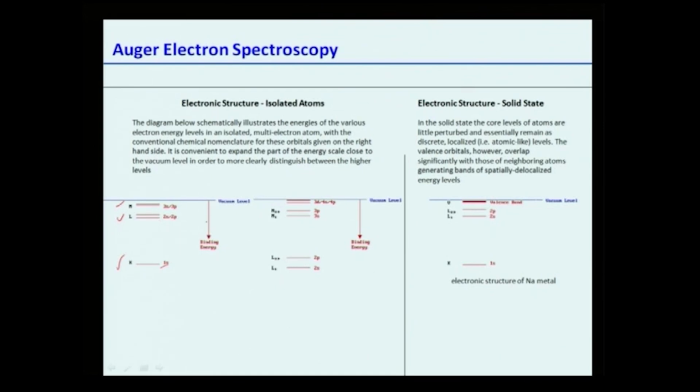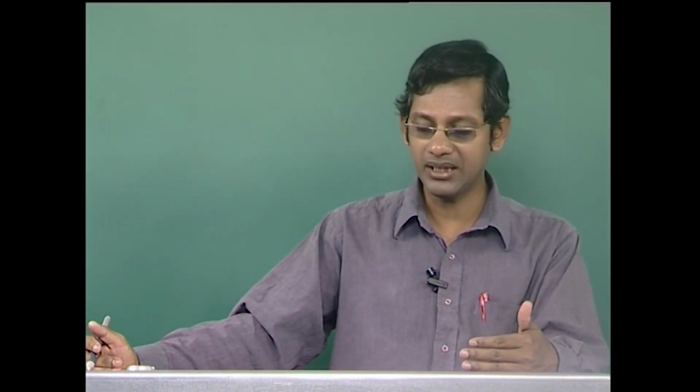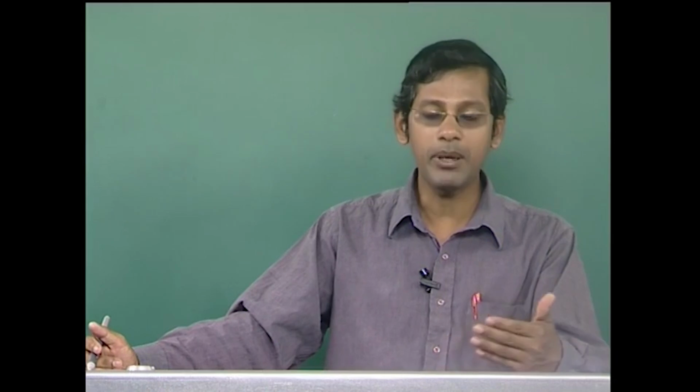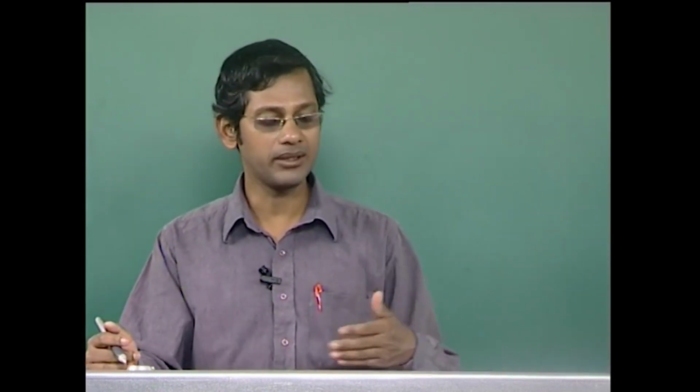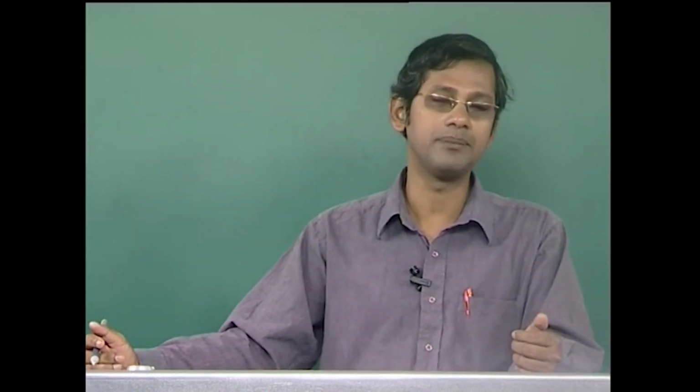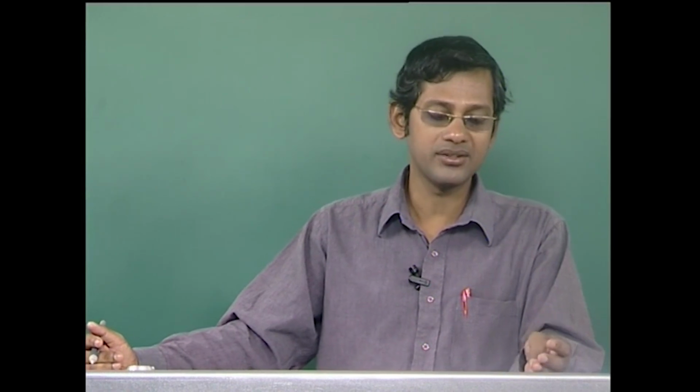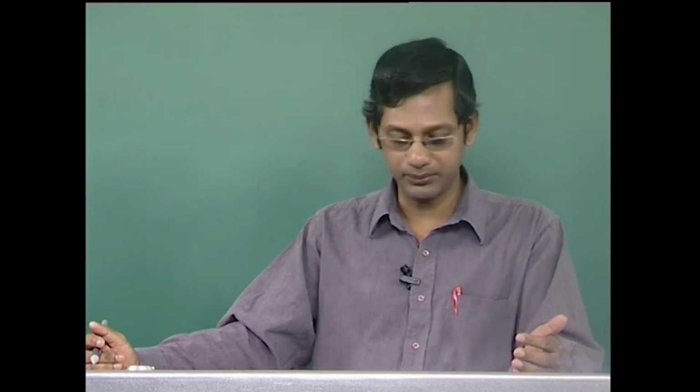So the binding energy of electrons will increase as you go closer and closer to the core level. That means K electrons will have more binding energy than M and so forth. And then above the occupied shells, you have what is known as the Fermi level, and then you have vacuum.